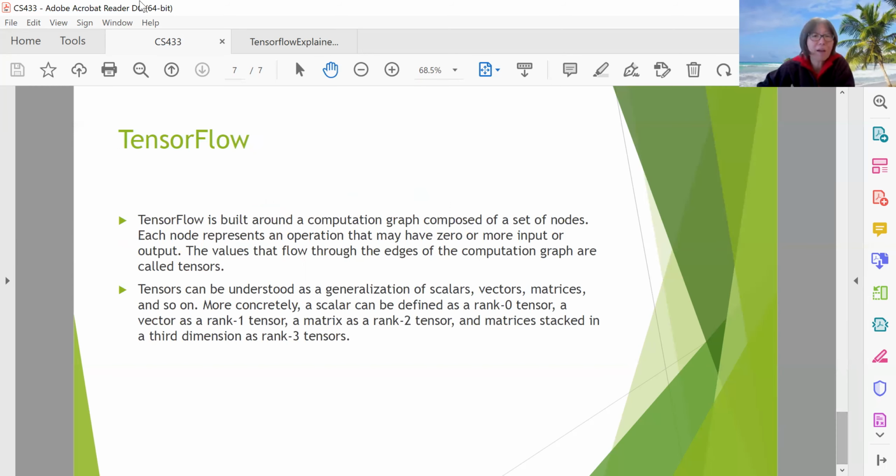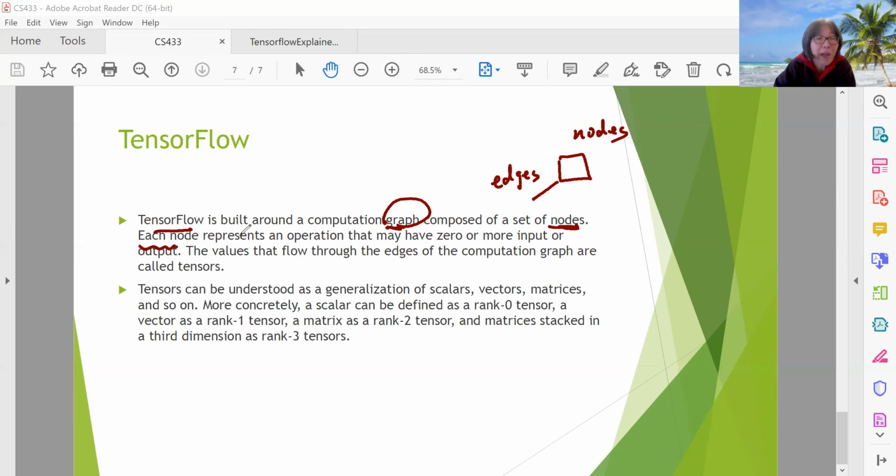There are some other concepts regarding TensorFlow. We just get to some basic ideas, because it's much more complicated. Because TensorFlow is built on a graph, the graph is built of nodes and edges, which is what we discuss in computer science regarding graphs.